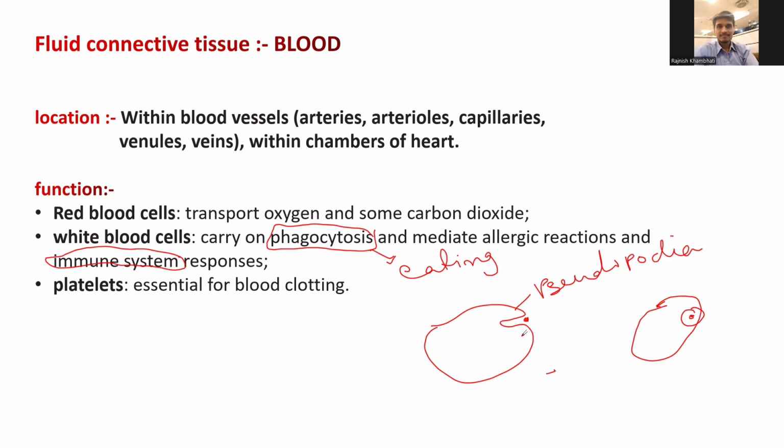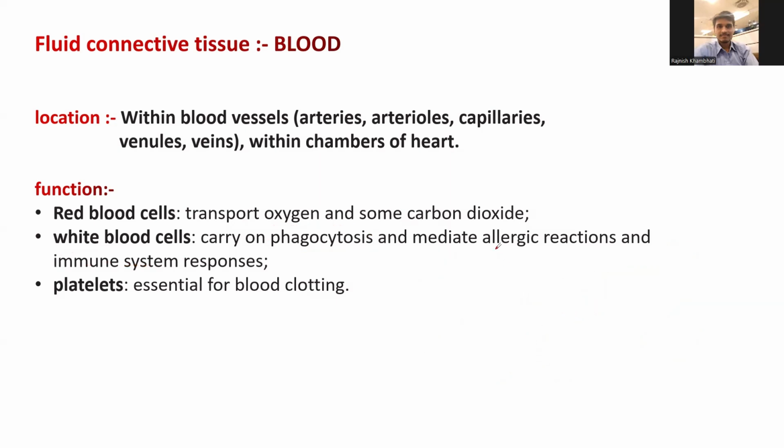So this kind of phagocytosis is done by the WBC and they eat the bacteria, microorganisms. And that is how our body is getting free from these types of pathogenic organisms. They also give allergic reactions in the body.